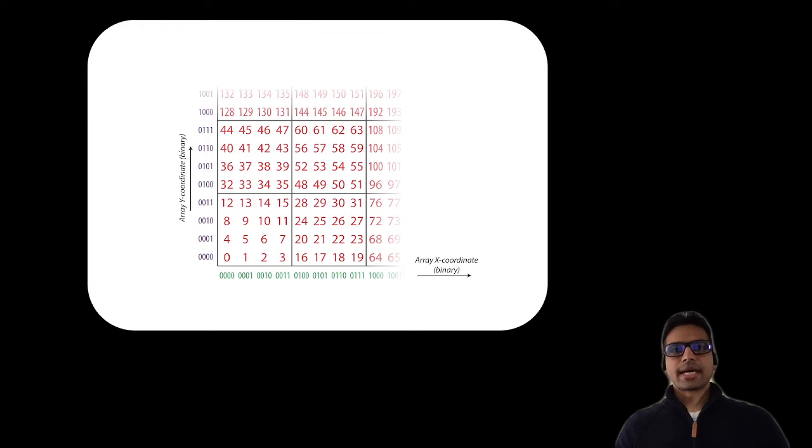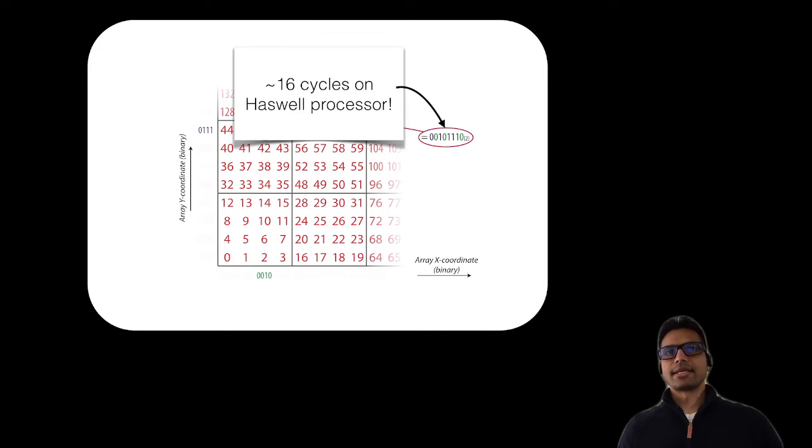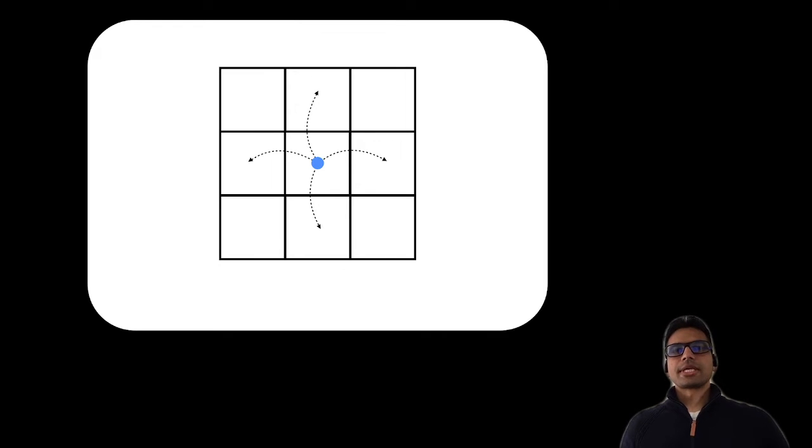If you look at the binary expansions along the coordinate axes and any one particular index, then you can see that that index can be computed as a simple bit interleaving operation. The catch here is that this operation can be done extremely fast in modern hardware. Similar operations can also be done for locating the neighbors of a particular element, and this is required for constructing the large and sparse linear systems during the projection phase of the fluid simulation pipeline.